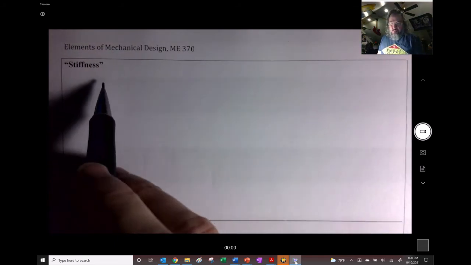All right. So how is elastic modulus related to stiffness?